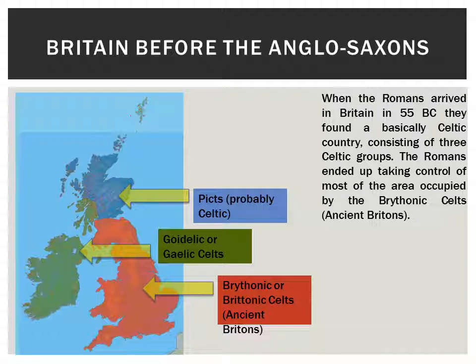And so that's what the Romans would have found when they arrived. They first arrived in 55 BC, led by Julius Caesar, and there were these three Celtic groups. And the area that the Romans took control of was basically this area occupied by the Brythonic Celts, this area marked in red here on the map.